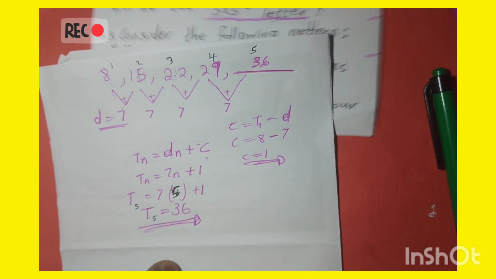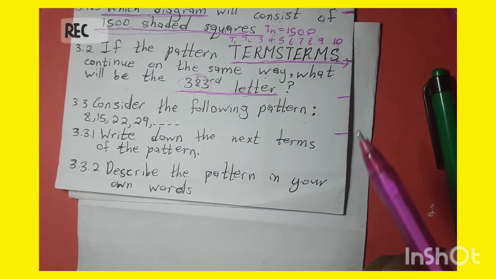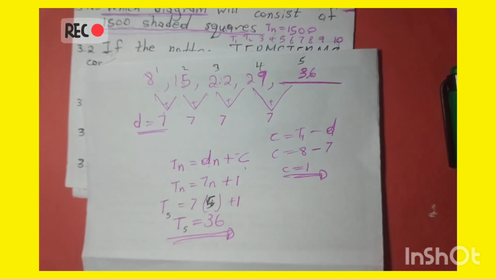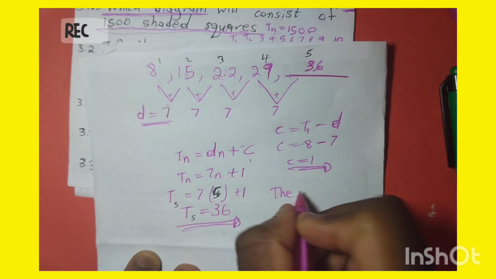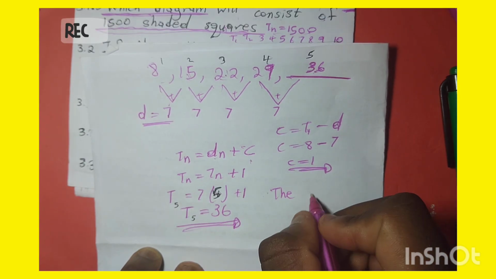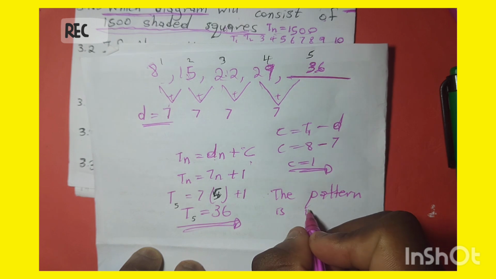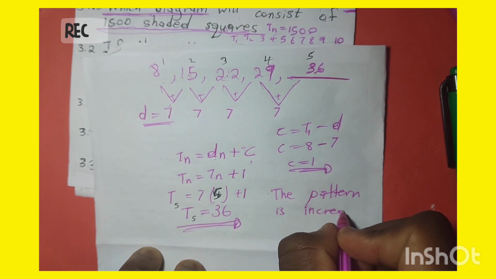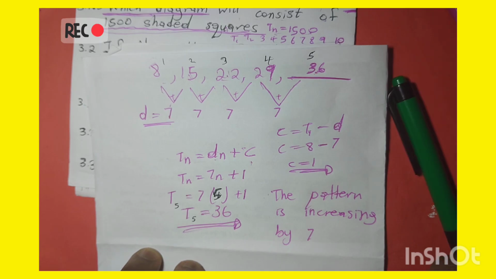And now, they say to you, describe the pattern in your own words. I already described, guys, the pattern. The pattern is increasing by what? By 7. There. You can just say there, the pattern is increasing by 7.